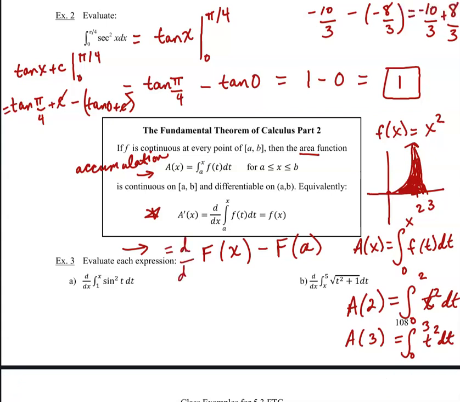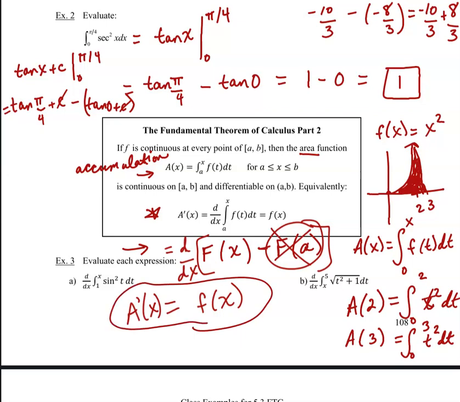What is the derivative of this expression? Well, the derivative of capital F of x, wouldn't that just be little f of x? And then F of a would be a constant, so the derivative of that would be 0. So you don't have to worry about that. So what you're saying is A prime of x, or the derivative of this integral, is just f of x. And that's what this theorem tells you.